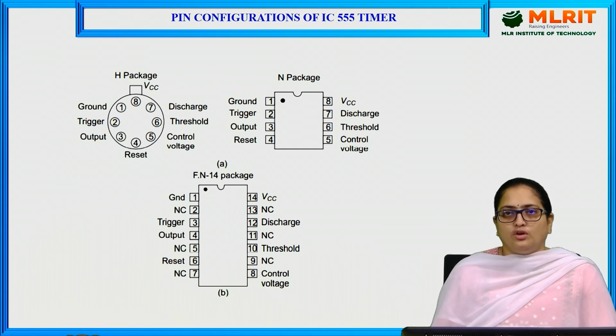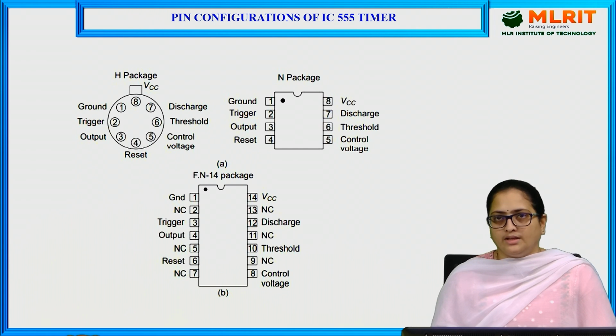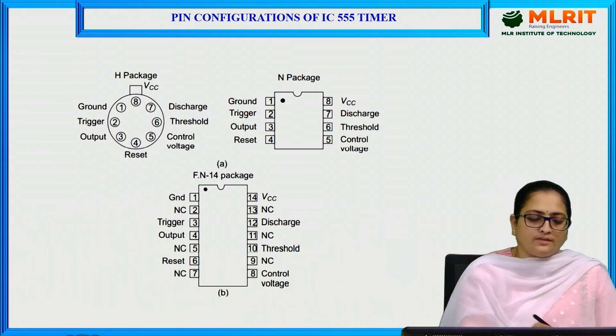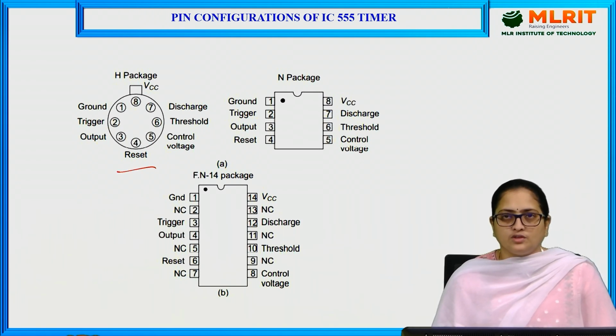Pin configuration of IC 555 timer. This IC 555 timer can be available in different packages: metal can package, dual inline package and flat package. Here, the first figure shows a metal can IC package. It consists of 8 pins.